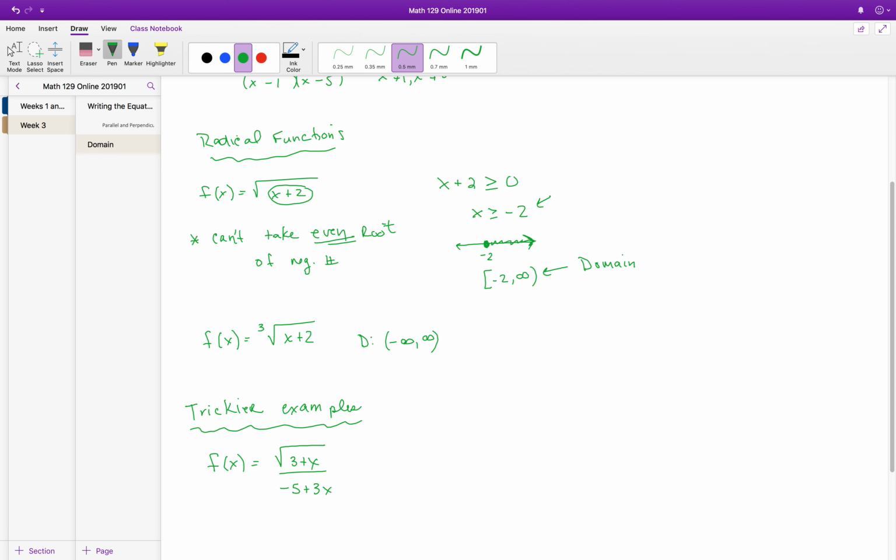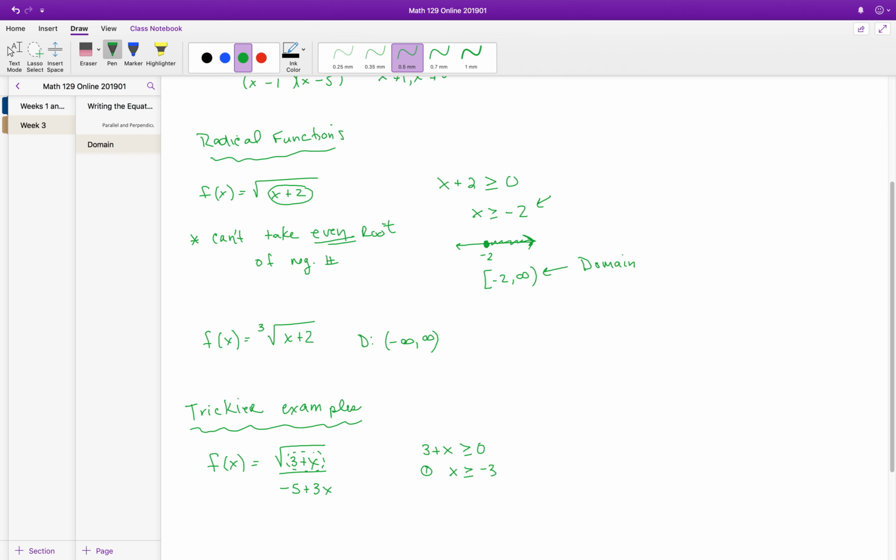For one, consider the radical. The radical is in the numerator, which means it can be 0, right? So basically I need to consider that 3 plus x has to be greater than, and it can also be 0, so greater than or equal to 0. So for one, x has to be greater than or equal to negative 3. So that's one thing I know.